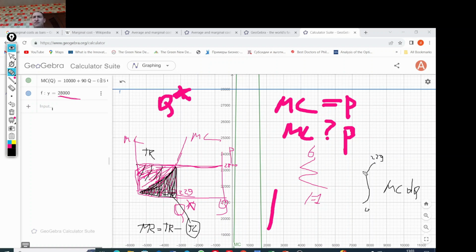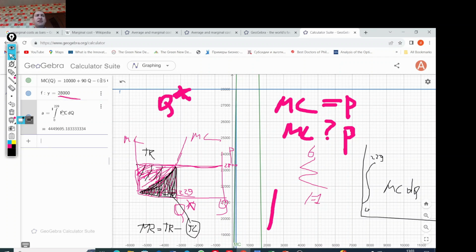That is the sign for the definite integral. In GeoGebra, it's very easy to implement. All we've got to do is type integral, and it's implied when you give a range to the delta Q, when you sum up the area under the curve, that it's a definite integral. So then you type the function called MC, even without calling the argument of the function, you just call the name of the marginal cost function, to be integrated over the range from 0 to 229, right?